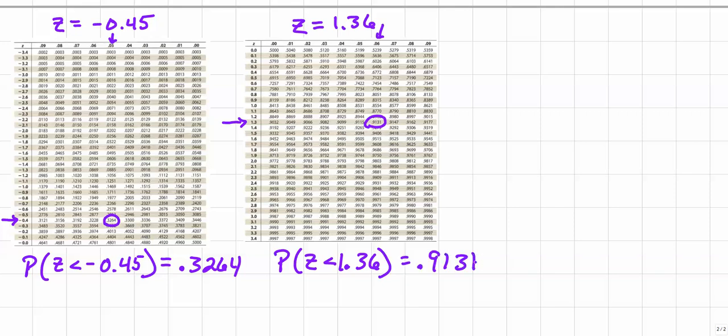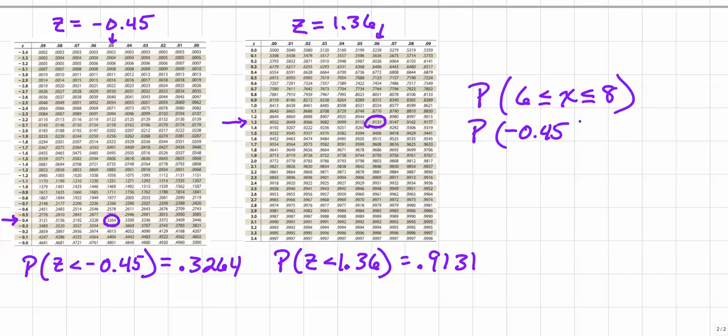0.9131. But remember that we are looking for the probability that x is between 6 and 8. In other words, the probability that negative 0.45 is less than or equal to the z-score less than or equal to 1.36.